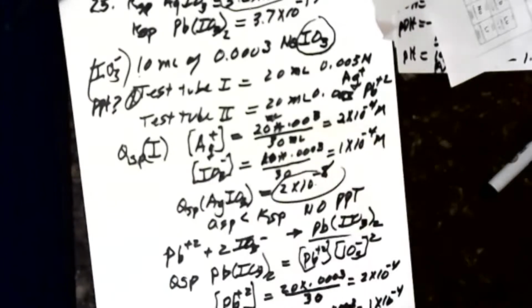It's 1 times 10 to the negative 4 in this test tube also. Now the QSP is going to be equal to the lead concentration, 2 times 10 to the negative 4, multiplied by the iodate squared. And that's 1 times 10 to the negative 4 squared.